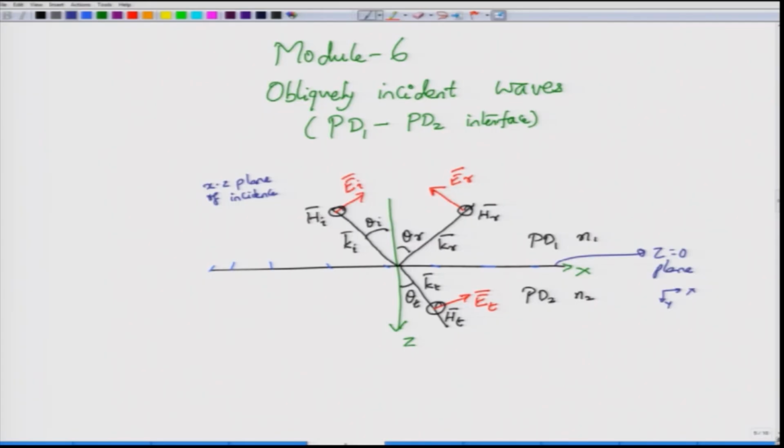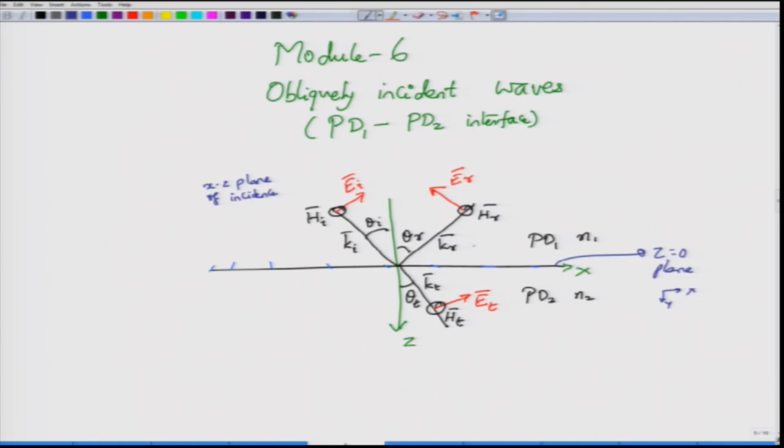So, I have lined up this problem in such a way that the interface is at the z equal to 0 plane, and any point on that plane can be described by the x and y axes, and the plane of incidence, in which all the k vectors, incident, reflected and transmitted, lie, is the x and z plane.